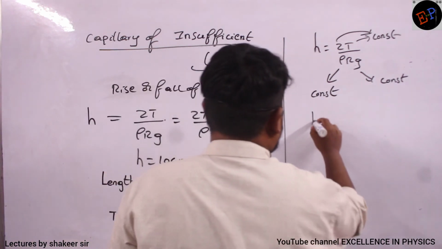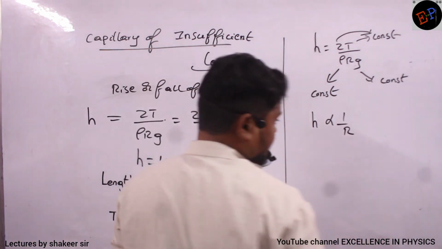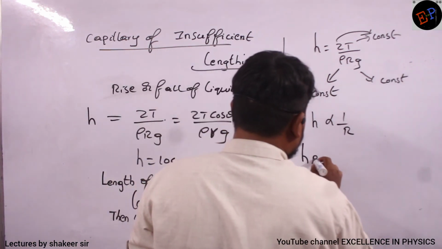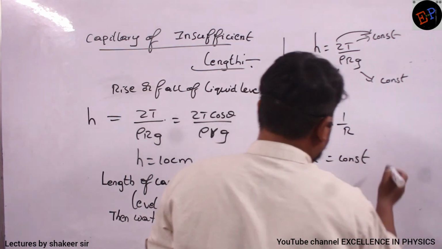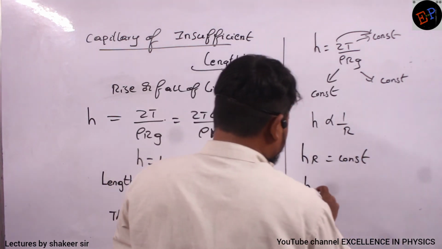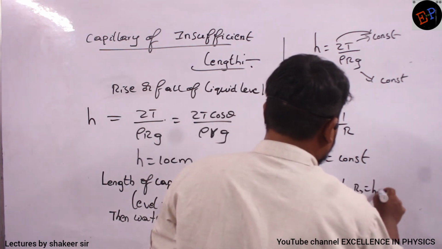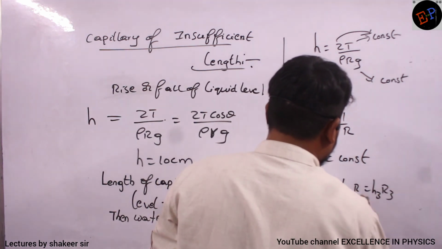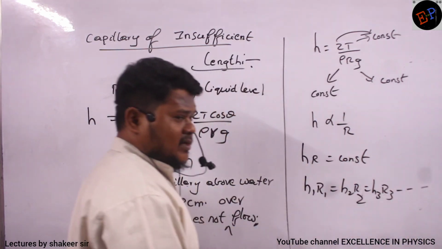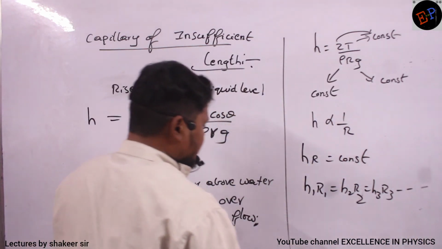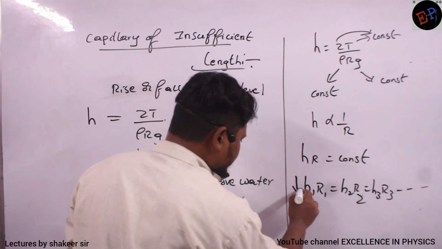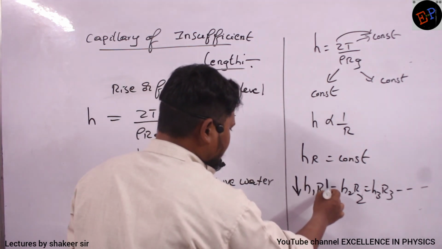So therefore, can I write H is inversely proportional to R? Can I write HR is a constant? Can I write H1 R1 is equal to H2 R2 is equal to H3 R3? I can write like this. So what do you understand here? If H value decreases, R value will increase.